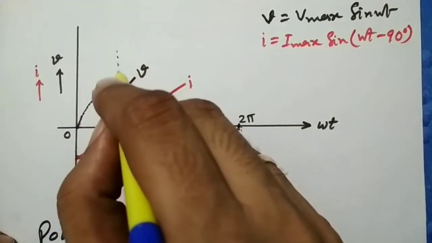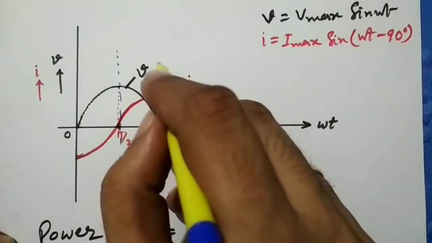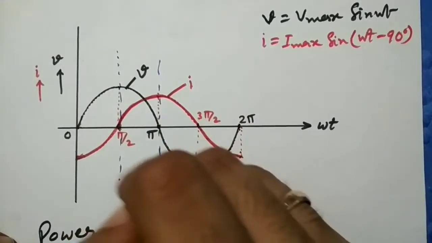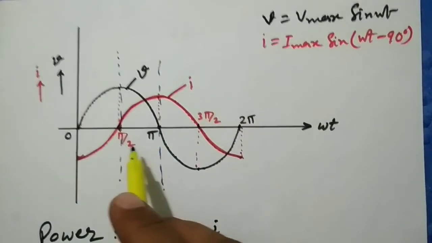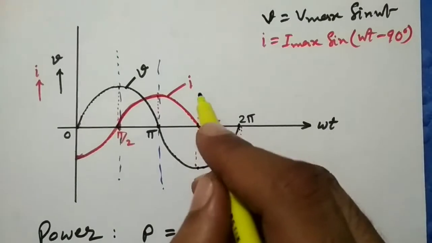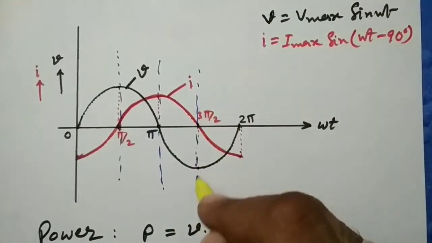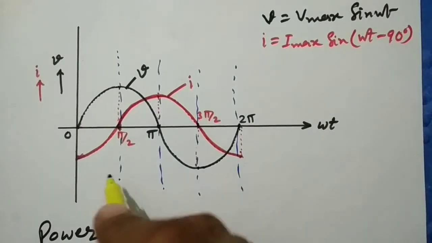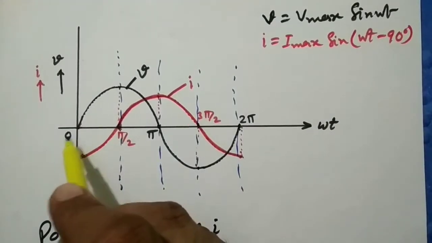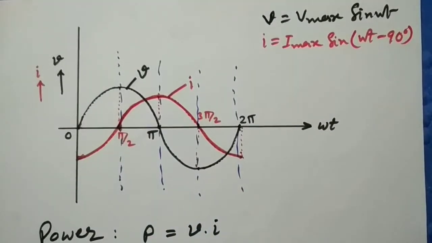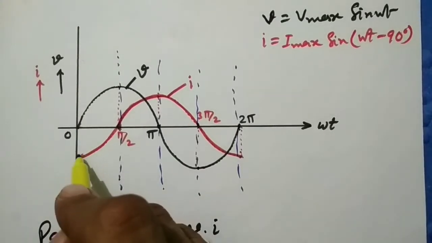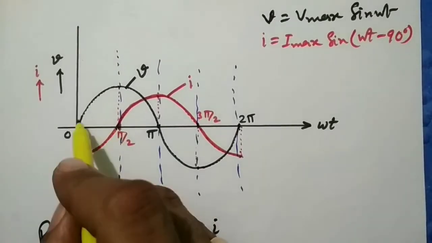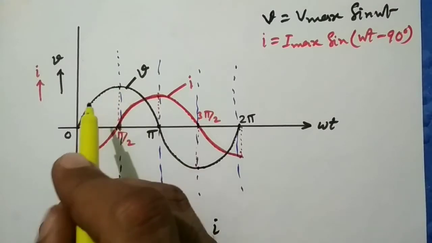Here I divide it into 4 parts: from 0 to pi by 2, from pi by 2 to pi, from pi to 3 pi by 2, and from 3 pi by 2 to 2 pi. In the first part, from 0 to pi by 2, the current is negative but the voltage is positive.